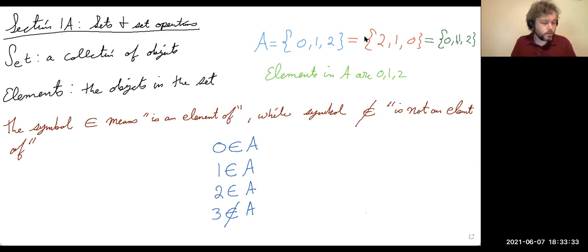We don't write duplicates for sets because it's just a list. We don't require it to be detailed where something would be listed more than once, so we only write it one time. So that's what sets are.